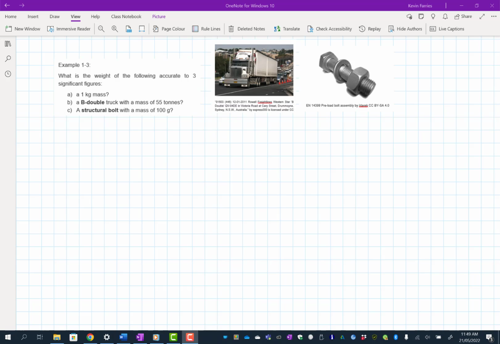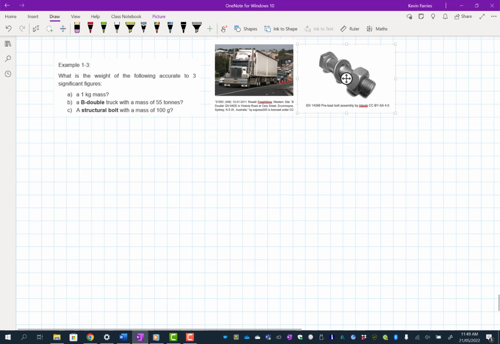Okay, so let's start with the first one. Calculate the weight of a 1 kilogram mass. Bit of a trivial problem, but worth doing anyway. First thing we do is just write down the question in short form. So we want a 1 kilogram mass.